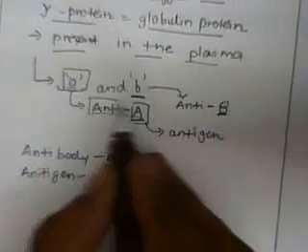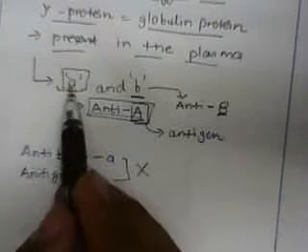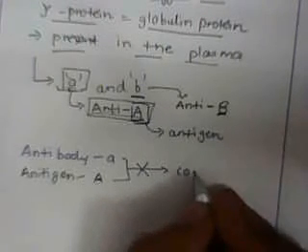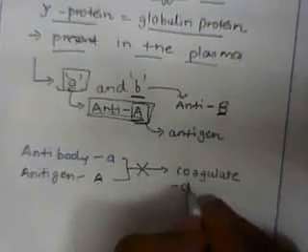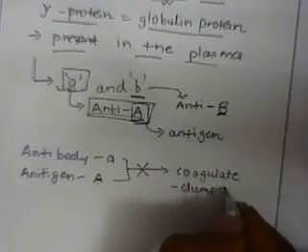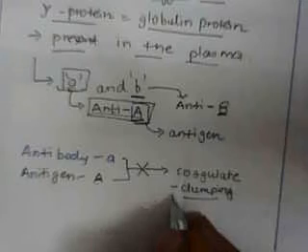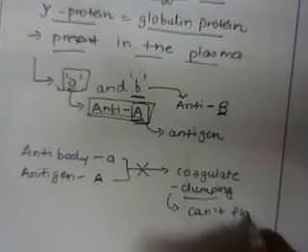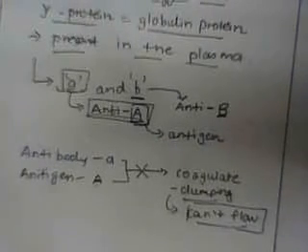So they have made it so that we can remember this. If you have small a antibody and capital A antigen together in your blood, then your blood is going to coagulate, also known as clumping of blood, which means that your blood won't be able to flow. It will coagulate or clump.